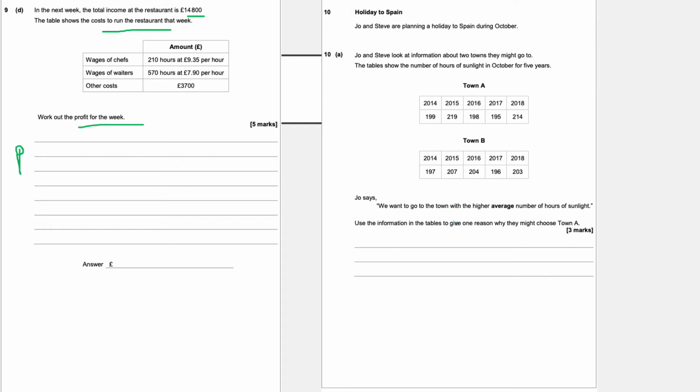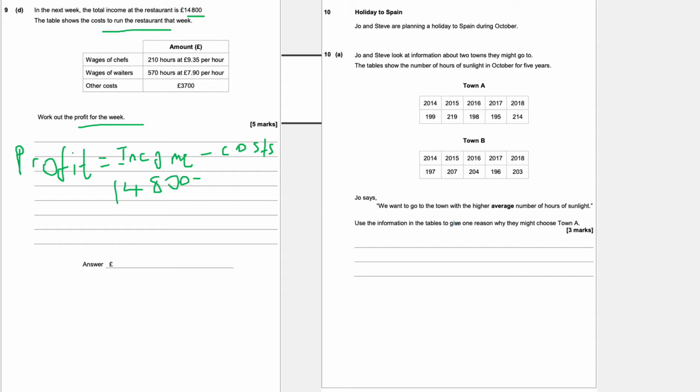So the profit is the income, or the revenue, subtract the overheads, or the expenditure, or expenses. So profit equals income, take away costs. So we know what the total income is.